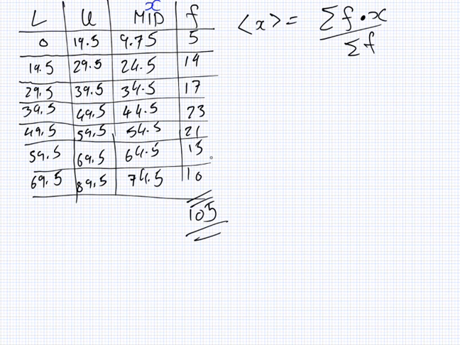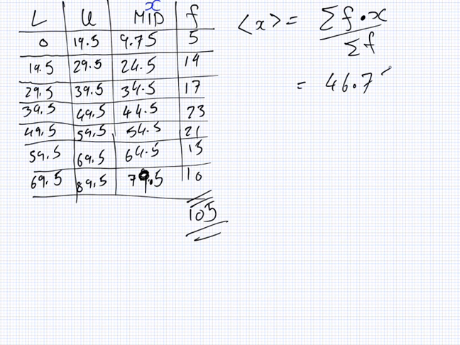Alright, 9.75 times 5 plus 24.5 times 14, yes? Oh, thank you. It should be plus 34.5 times 17 plus 44.5 times 23 plus 54.5 times 21 plus 64.5 times 15 plus 79.5 times 10 divided by 105.